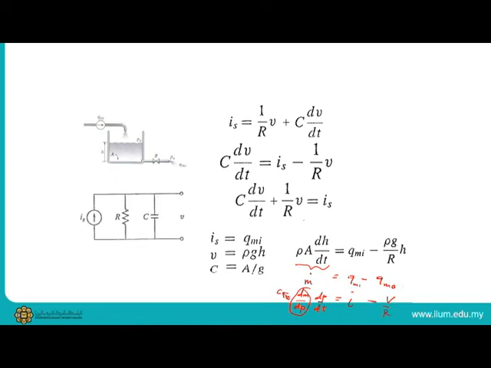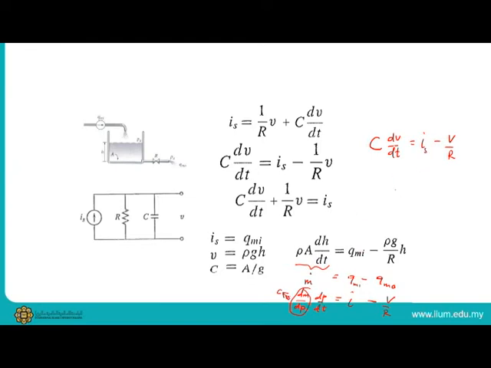If you want to represent this in an electrical system, it is equal to C dV over dt equals I minus V over R. I here is Qmi, which is Is.